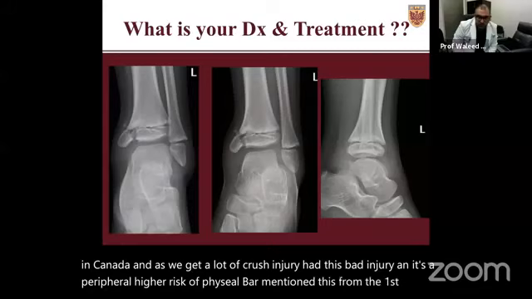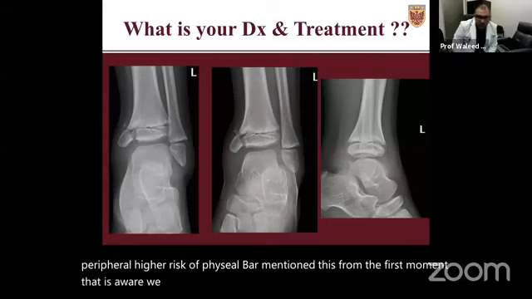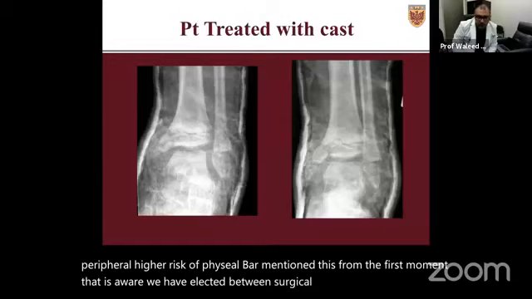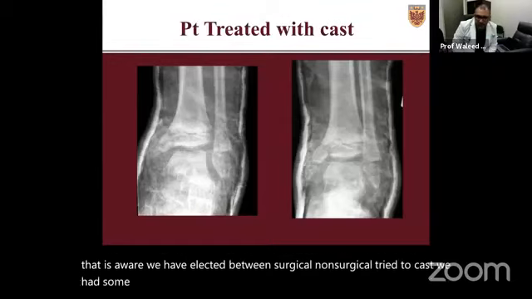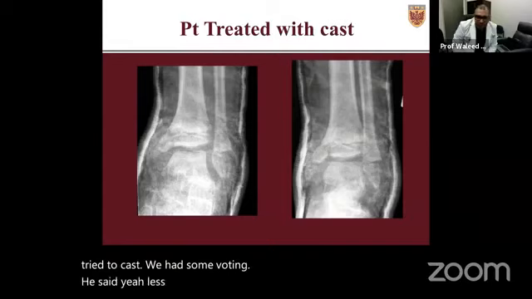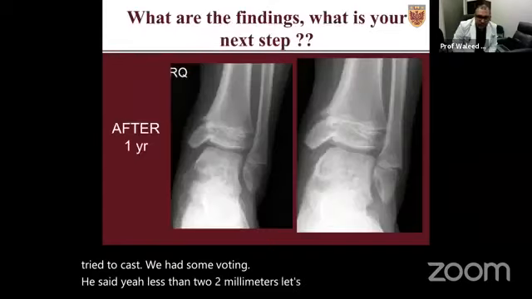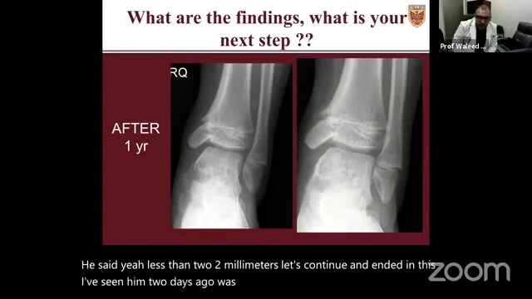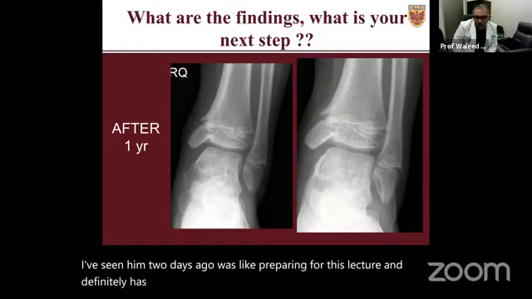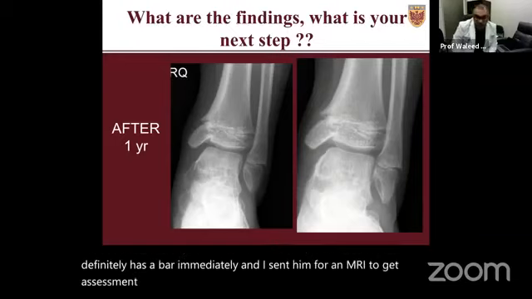That is where we elected between surgical and non-surgical, and tried the cast. We had some voting. We said, yeah, less than 2 millimeters, let's continue, and it ended in this. I saw him 2 days ago, preparing for this lecture, and he definitely has a bar medially, and I sent him for an MRI to get an assessment of the amount of the bar.